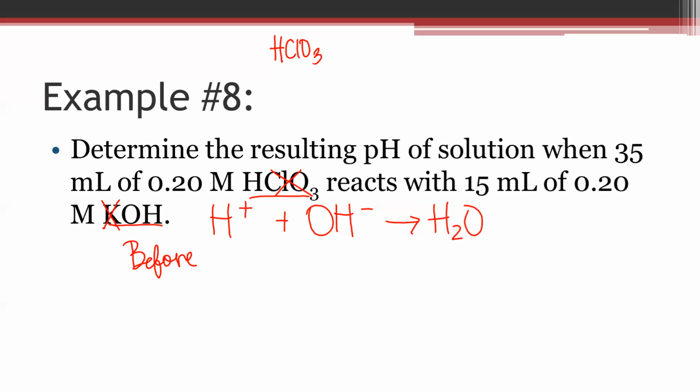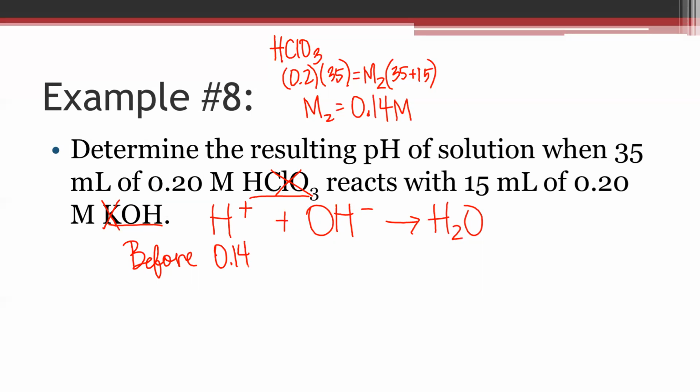So the acid starts with 0.2 molar, and we have 35 milliliters of that. So the new volume will be the 35 milliliters plus 15 milliliters from the base, which is a total of 50. So the new molarity for the acid will be 0.14 molar. So I'm going to plug that number in right here.